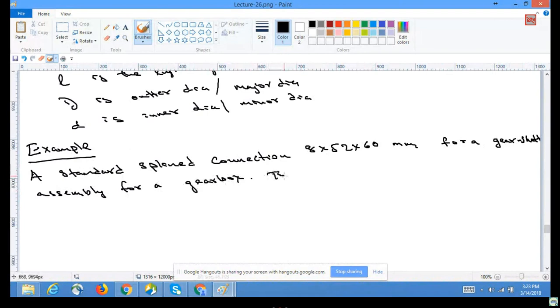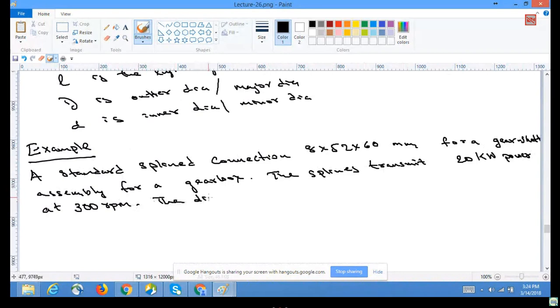The splines transmit 20 kilowatt power at 300 RPM.